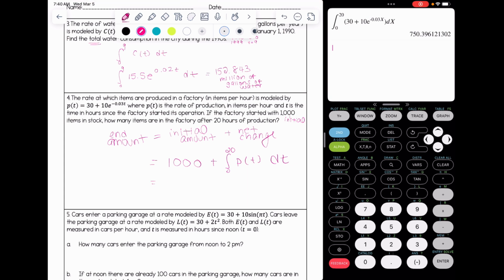And so now I can do some addition in here. I'm going to be adding 1,000 to that. And of course, you could have put that 1,000 in the initial line and then added the integral. That's completely fine. And we're going to do 3 decimal places. So that's 1,750.396. And we're asked for how many items in the factory.